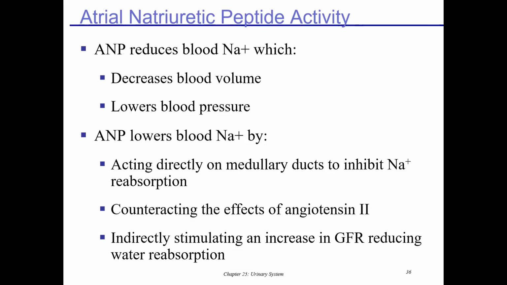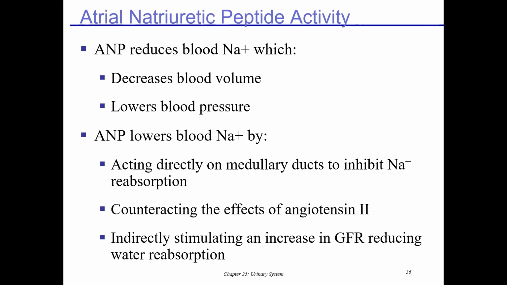If we get rid of sodium, we'll get rid of water, which will lower our blood volume and lower our blood pressure. That's what we want to do, because blood pressure is related to blood volume. If blood volume is up, blood pressure is up. If blood volume is down, blood pressure is down.